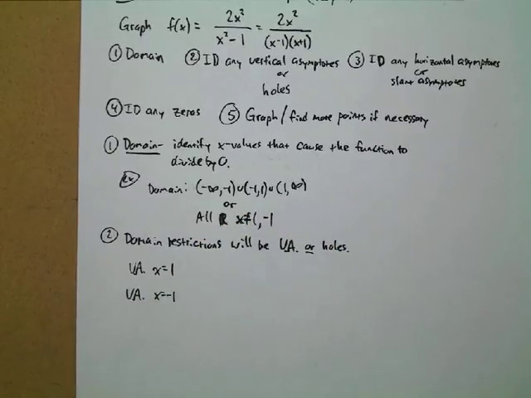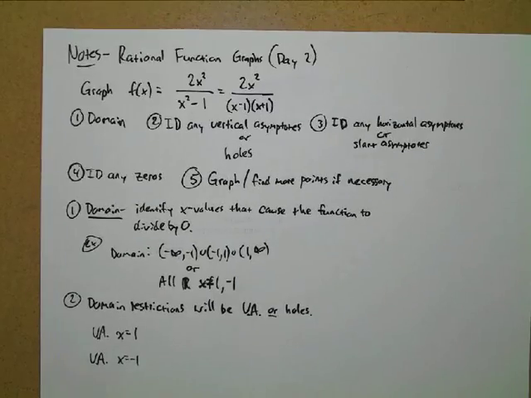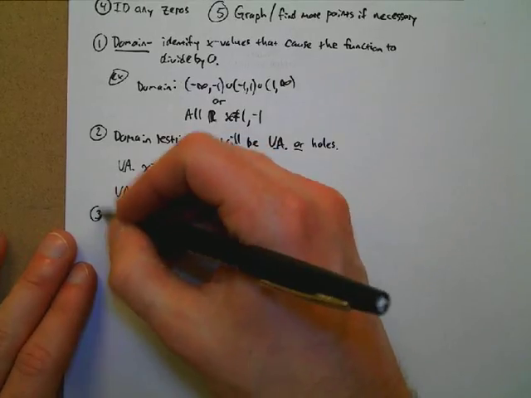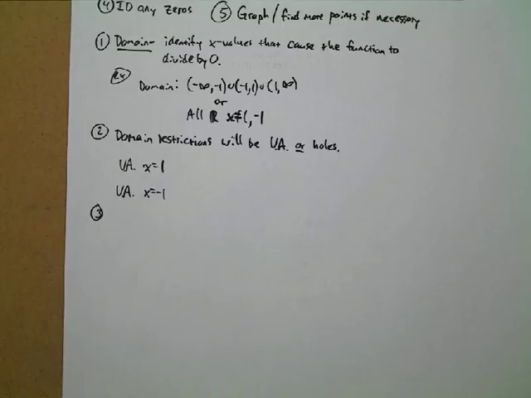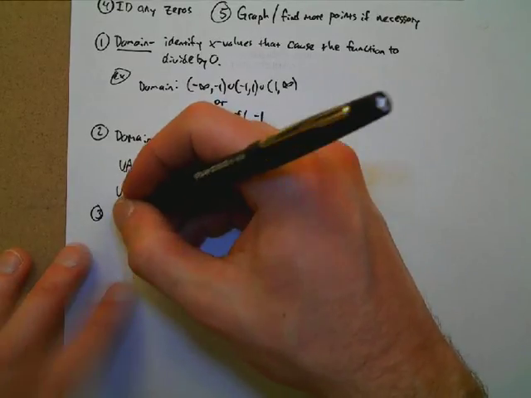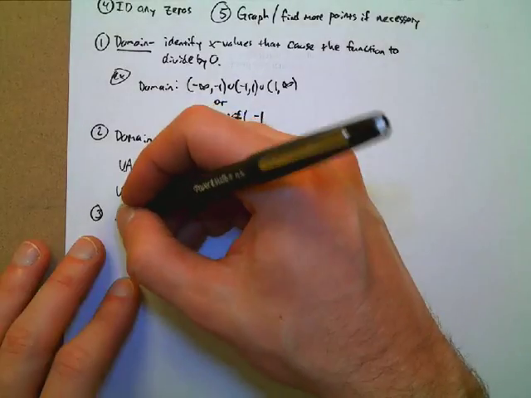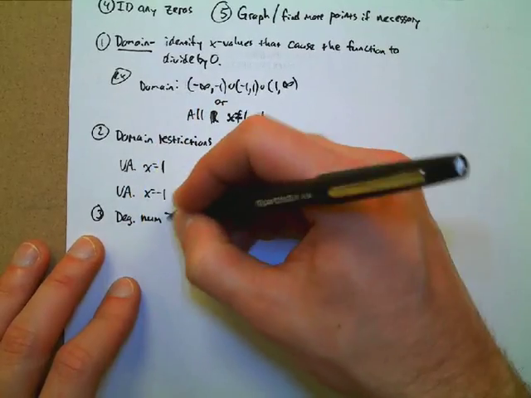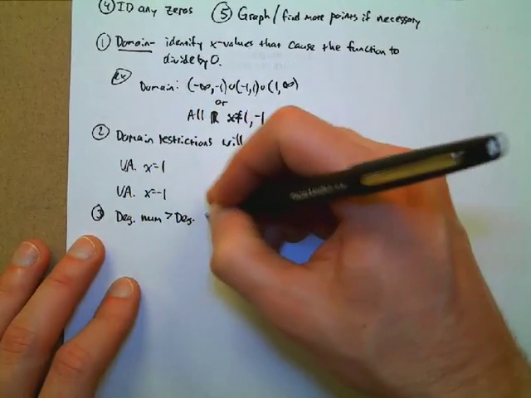All right. Number 3, identify any horizontal asymptotes or slant asymptotes. So here are the rules for horizontal asymptotes. If the degree of the numerator is greater than the degree of the denominator, no horizontal asymptote.